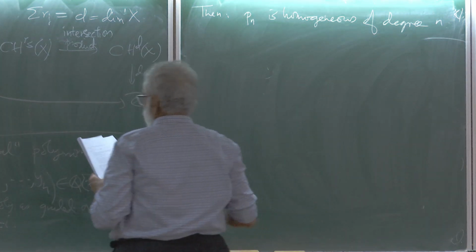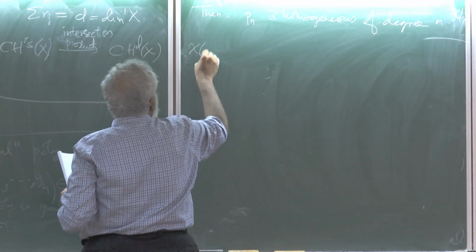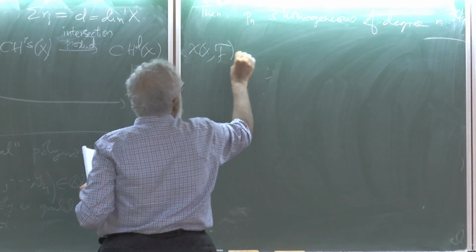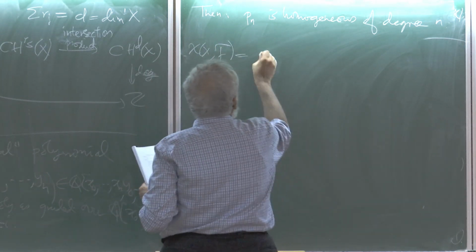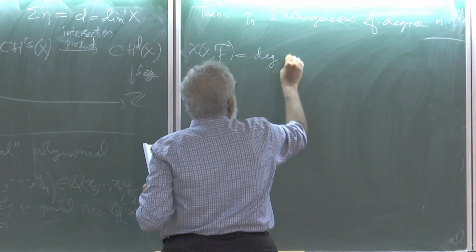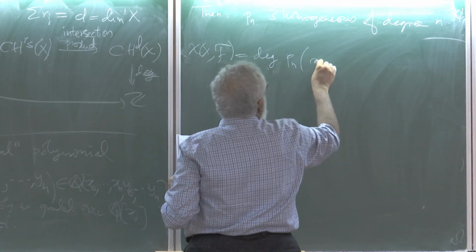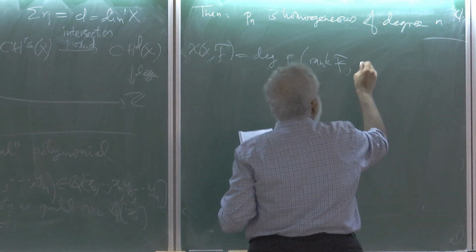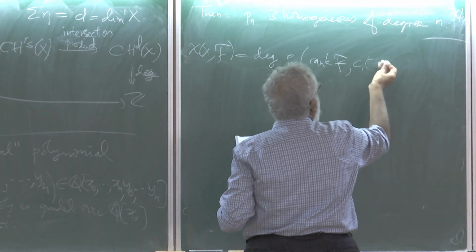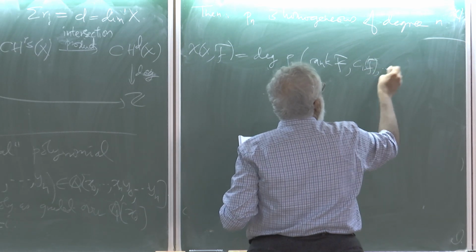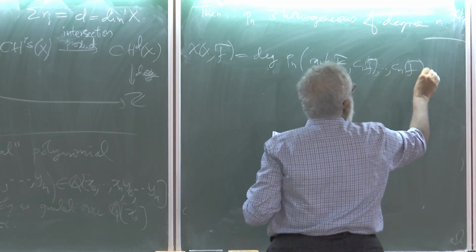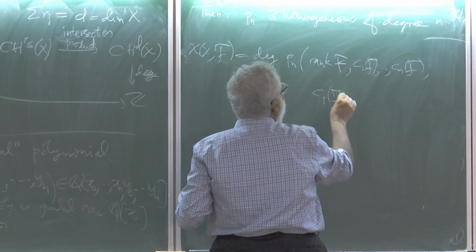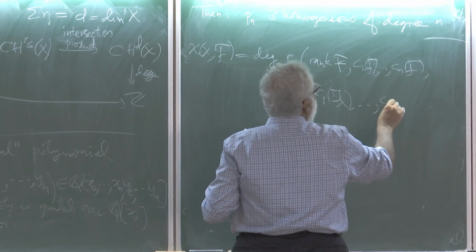And secondly, chi of X, F can be written as the degree of Pn of rank F, C1 F up to Cn F, C1 TX up to Cn TX.